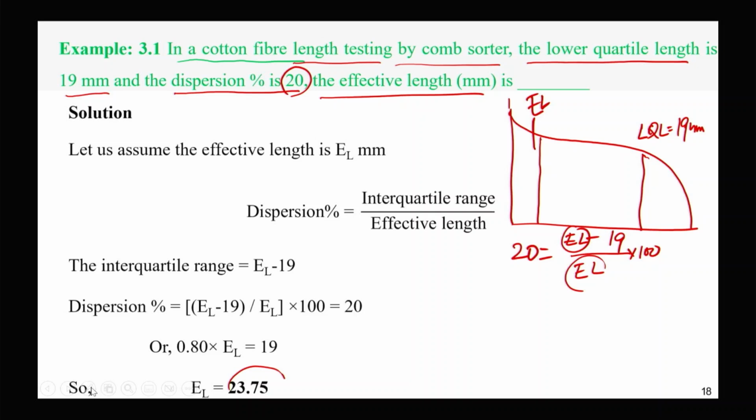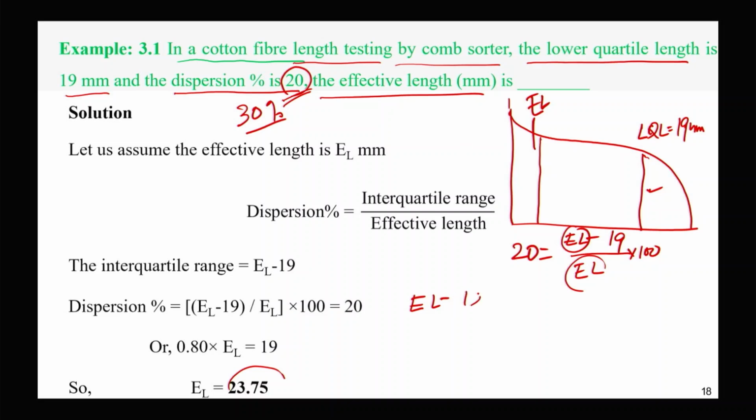Now in this numerical, if we increase the dispersion percent, keeping the lower quartile length same, and we want to increase it to 30% dispersion, what will be the value?